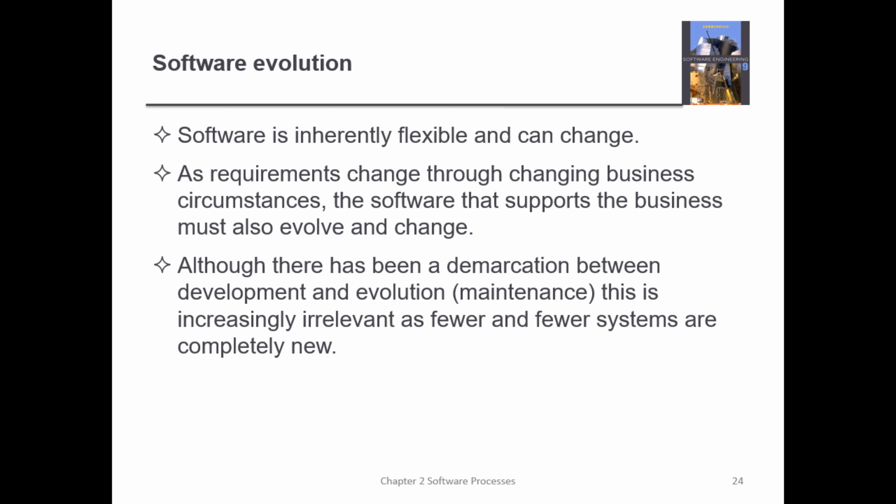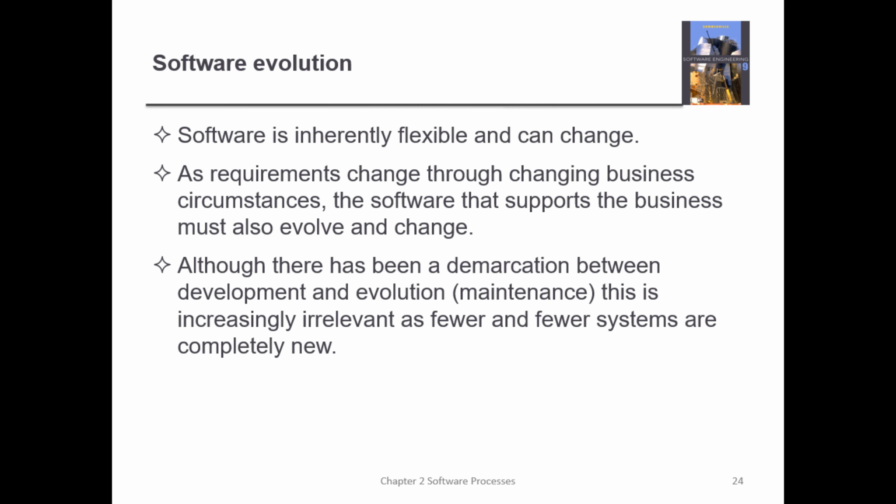Software evolution. Now, software is a product which is flexible, meaning it can change. As the world continues to change, the circumstances under which people work may change, the organization may grow, and new functionalities may start to arise.